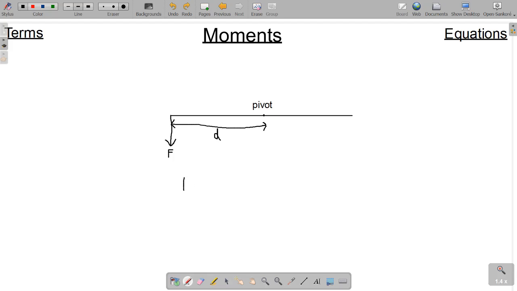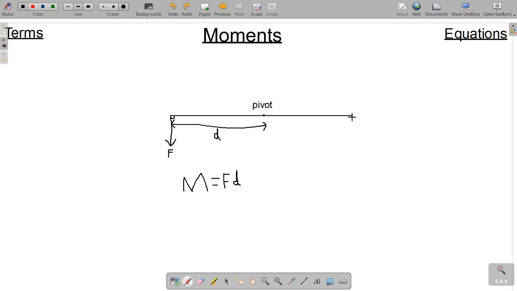So the moment, or simply put as M, is defined as force times the distance it is away from here. So assume this is a right angle. Basically, moment is defined as the force times the perpendicular distance from the pivot to the force.